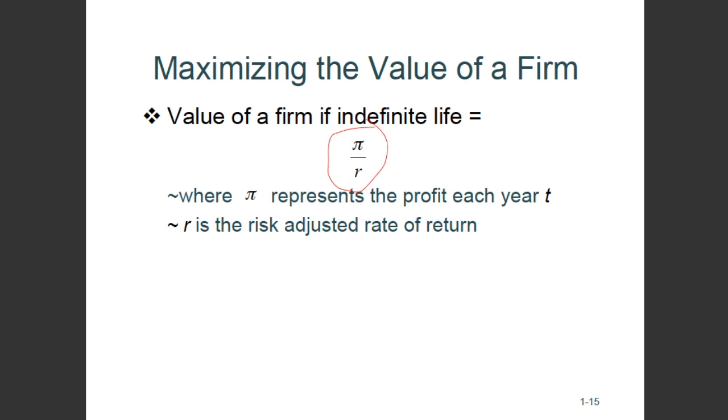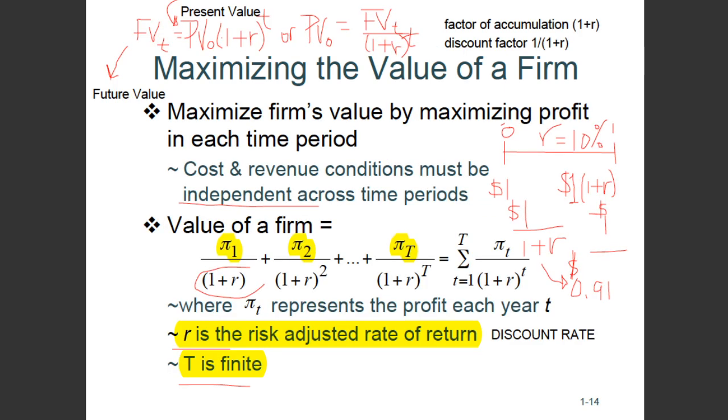Now this should look familiar to you from high school, except maybe the letters are different. So what we're saying is these profits, which are revenue minus cost, right? So let me make a point about that too.